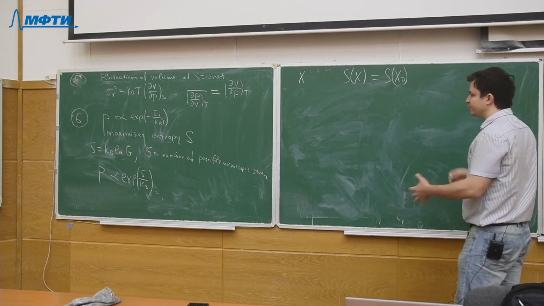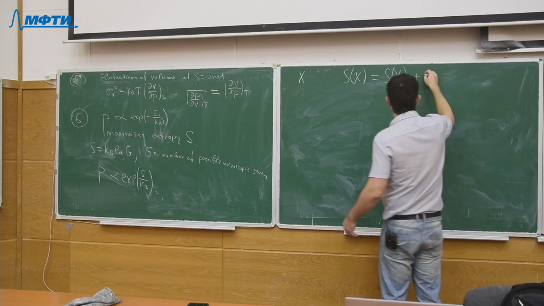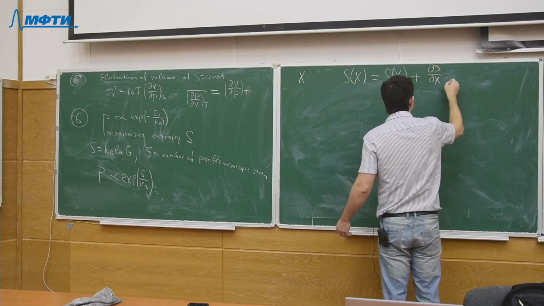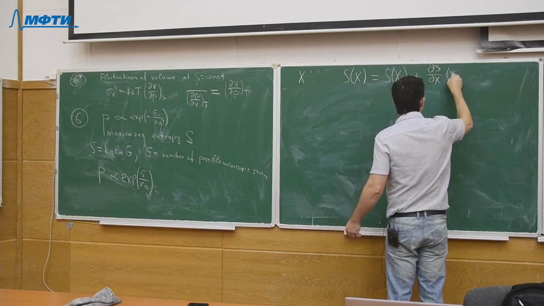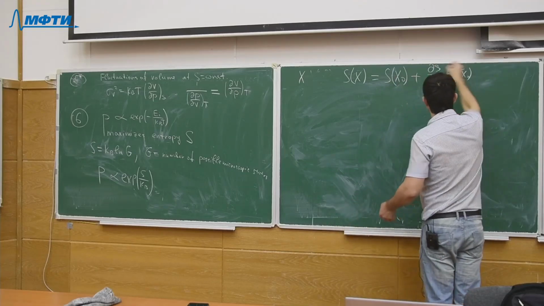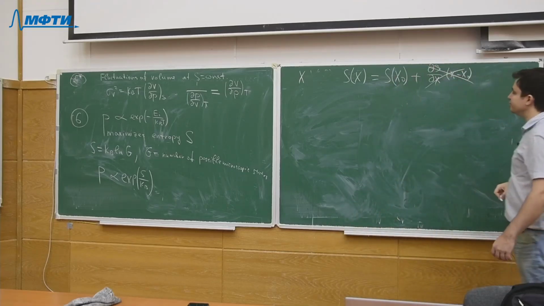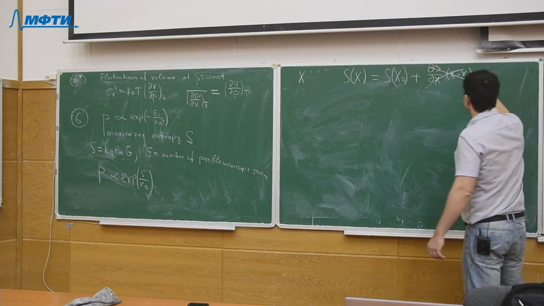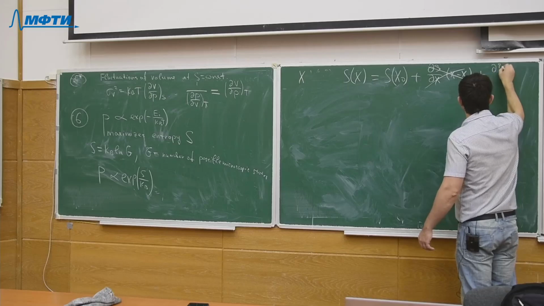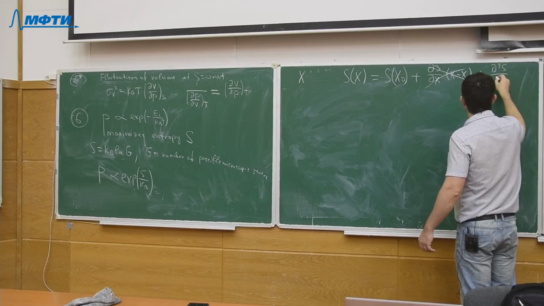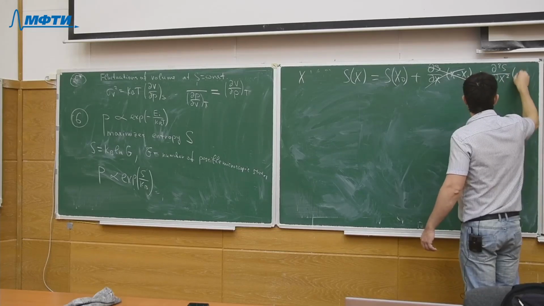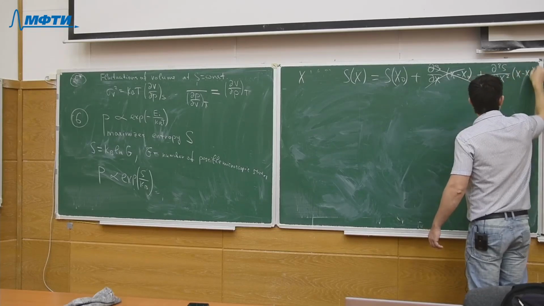If I use Taylor expansion, then I need to write the derivative of S over x multiplied by x minus x0. But since I have the maximum, that should be equal to 0. So there is no linear term. And since I have a maximum, I should also write here the second derivative of the entropy over x multiplied by x minus x0 squared over 2.